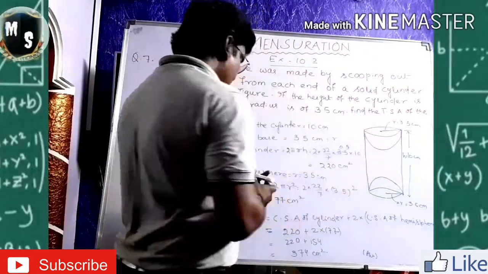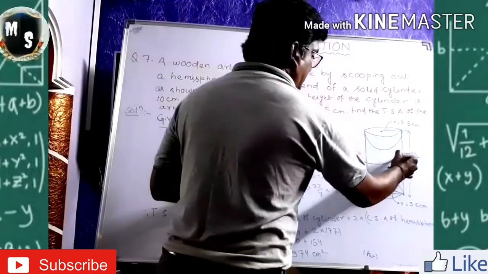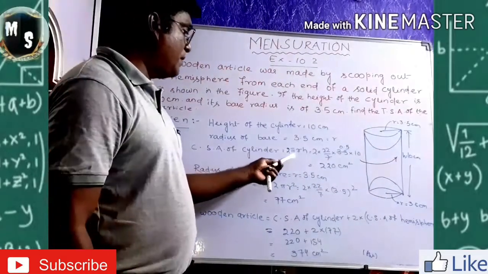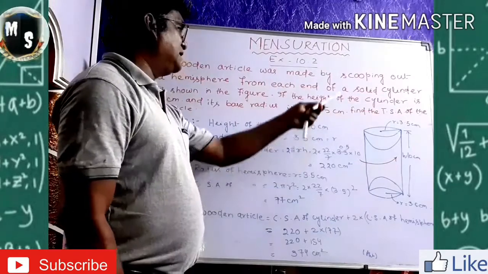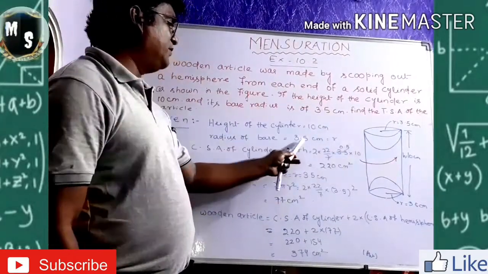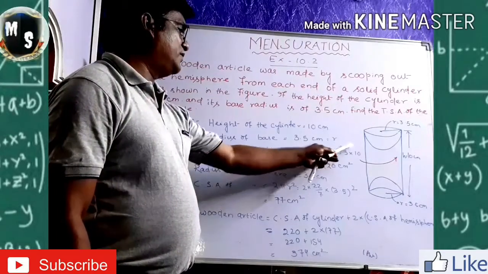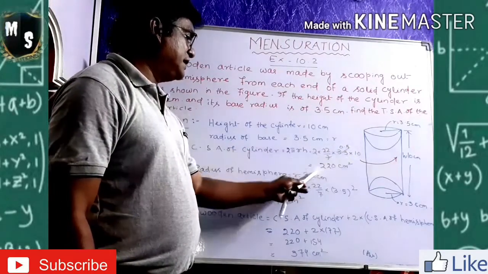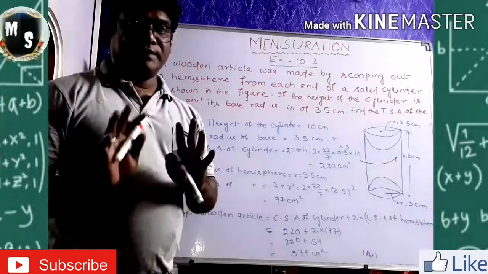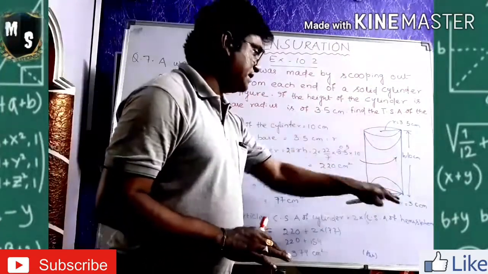What is the formula? 2 pi rh. Pi is not given, so I put 22 by 7 into 3.5 into 10. Then after my calculation, it came 220 square centimeter. What is that? CSA of the cylinder. I hope you understood the CSA.